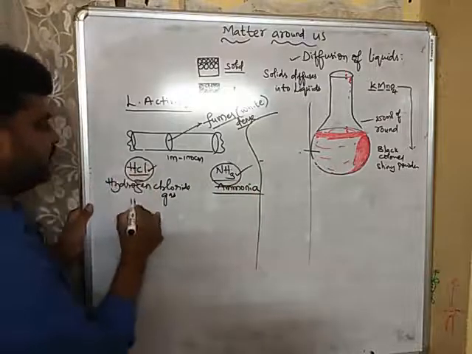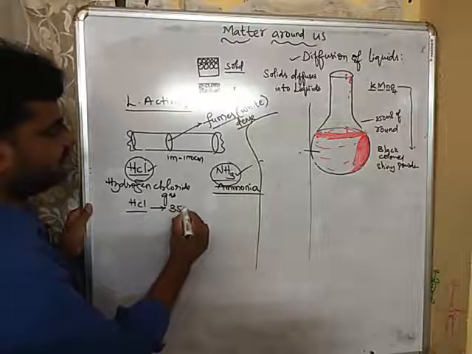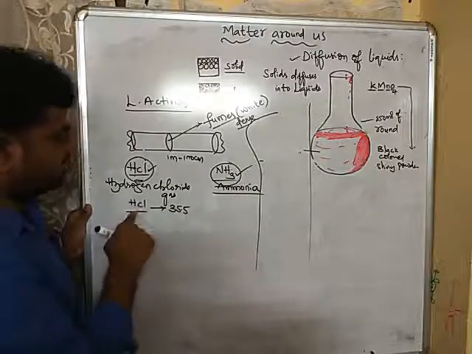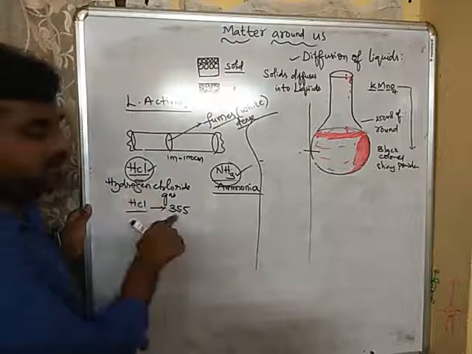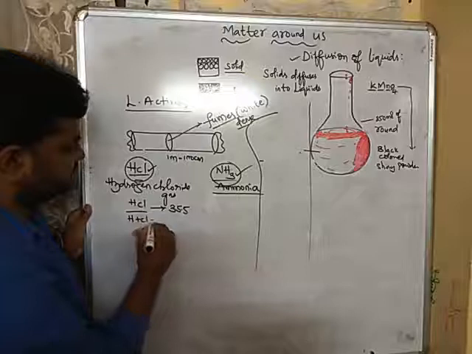Actually, the molecular weight of HCl gas is 36.5. Remember this. How did it come? H plus Cl.